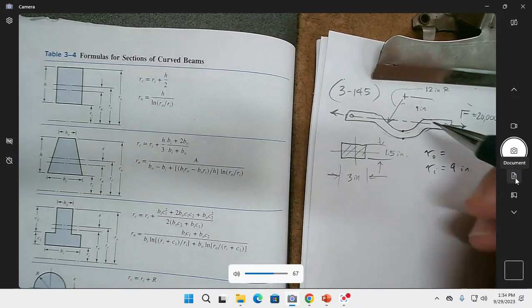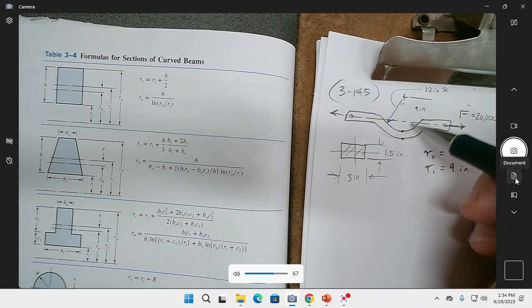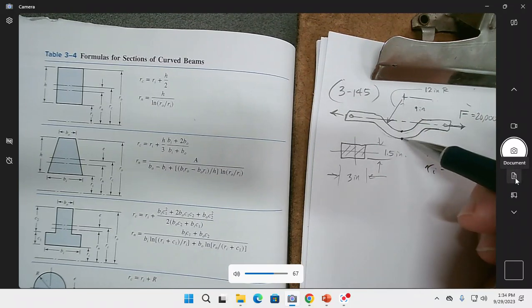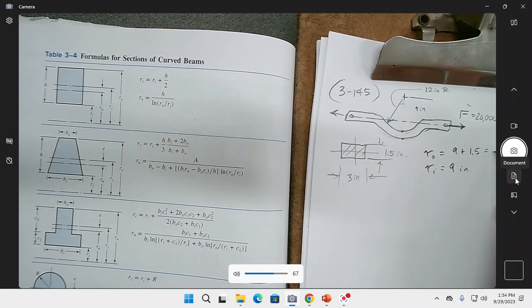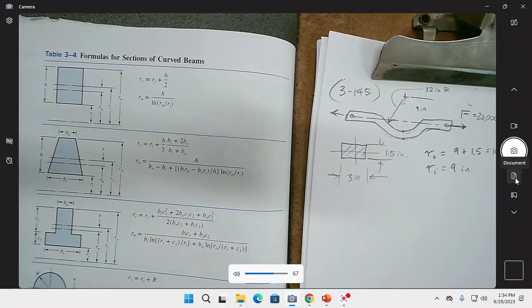All right, so RO is going to be that 9 inches plus the thickness. So 9 plus 1.5, which is 10.5. Did I get that right? Yes. Sad that I can't remember.